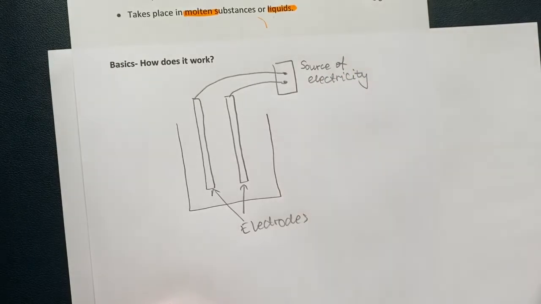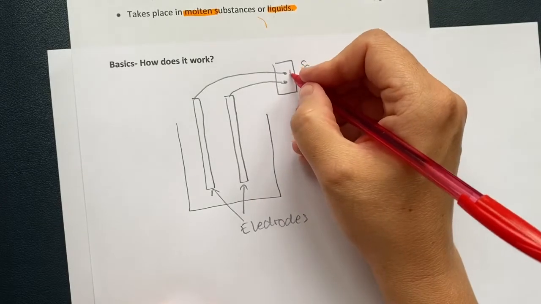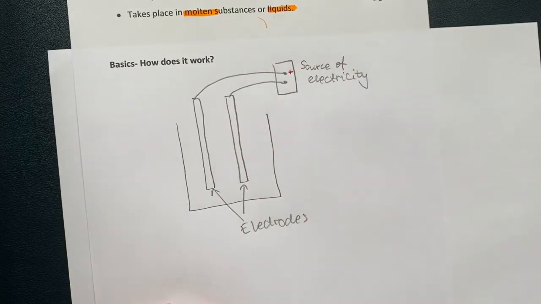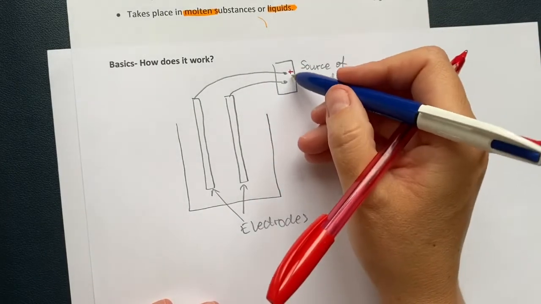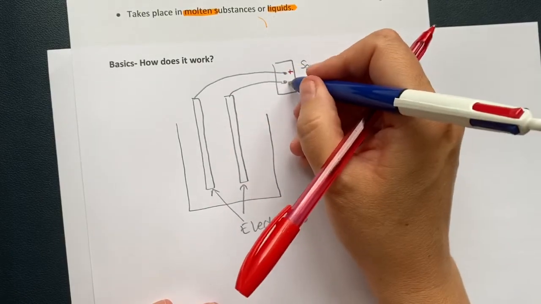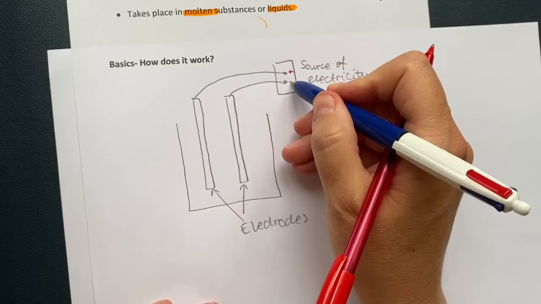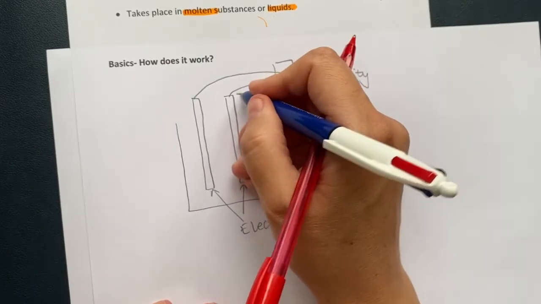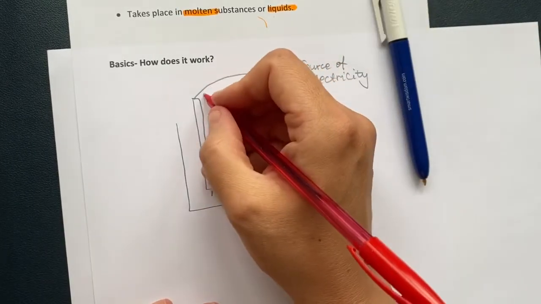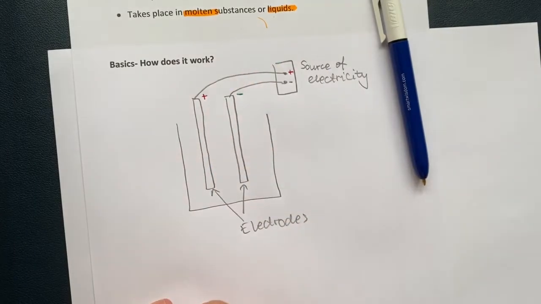Now, one of the dots to which we connect the electrodes will be positive, one will be negative. The electrode connected to the negative dot is negative, and the one connected to the positive dot will of course be positive.